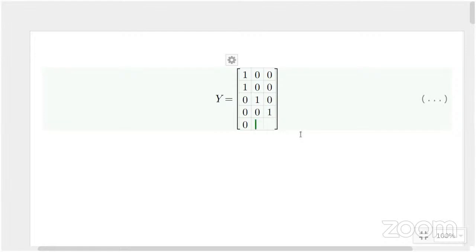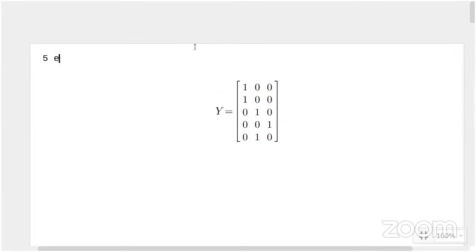So these are the labels of those data points, right? How many examples do you have? We have 5 examples and 3 classes.